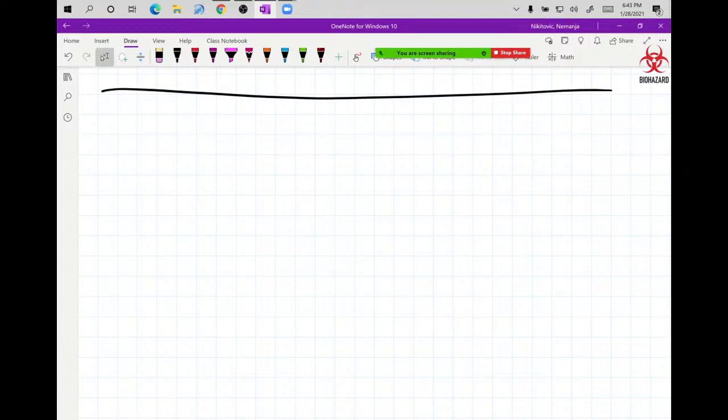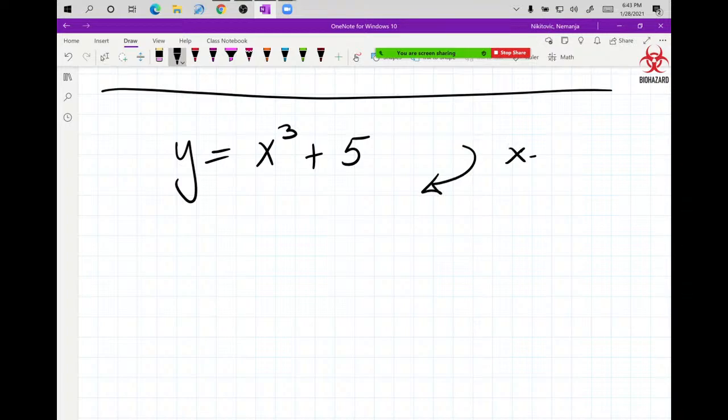The only method that you guys have at your disposal to figure out an inverse function is to swap x and y. That doesn't change. So if you have a good old example, y equals x cubed plus, let's do 5, you are going to say, okay, to find the inverse, I swap x with y.